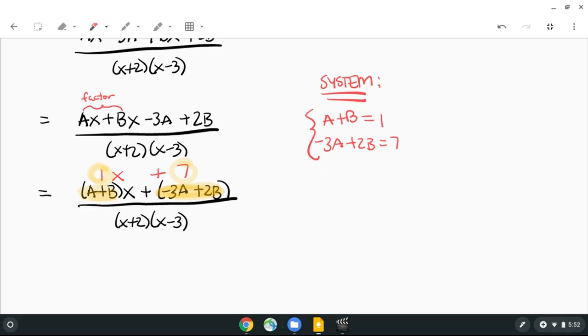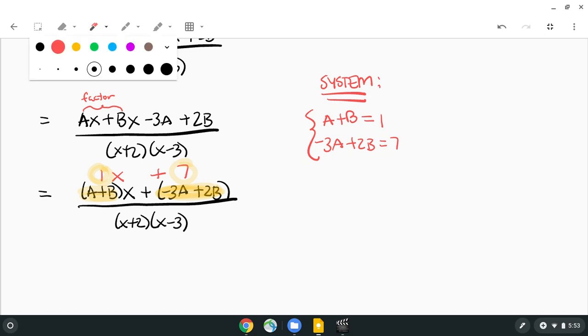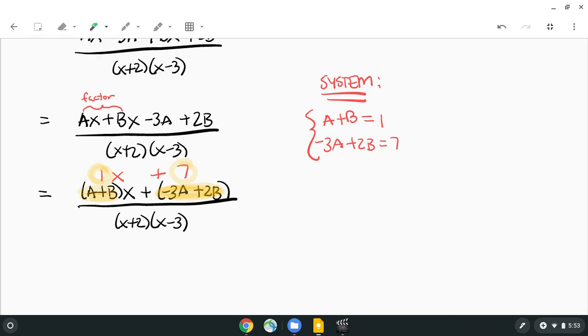You can use the substitution method or the elimination method. It really doesn't matter which one. I will use the elimination method. So I'm going to multiply that top equation by 3.